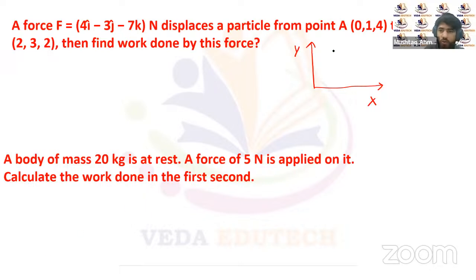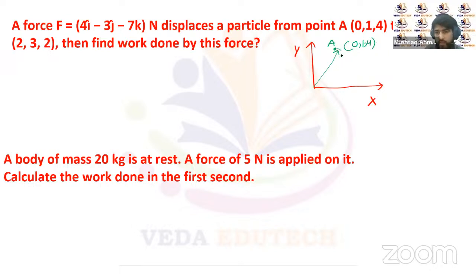Initially we had an object at position A, so this was the initial position vector, and its coordinates were 0, 1, 4.